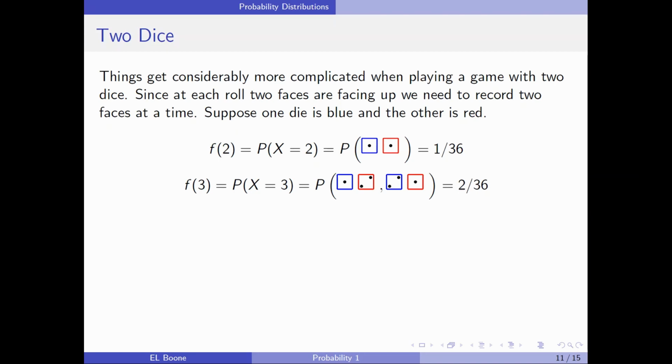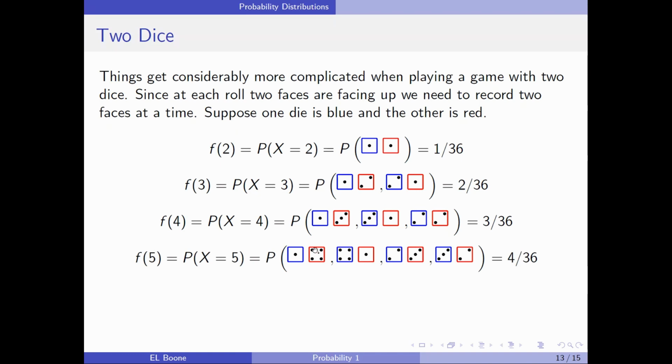However, f of 3 is the probability that x equals 3, and there are 2 outcomes with that feature, so the probability of getting a 3 is 2/36. Same thing for 4: 1 and 3, 3 and 1, and 2 and 2. So there are 3 outcomes out of the 36, and f of 4 is 3/36. You can keep playing this game, adding things up, and you get 4/36, and so on.